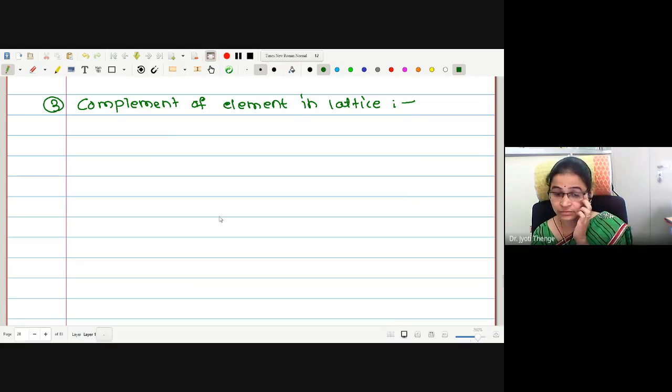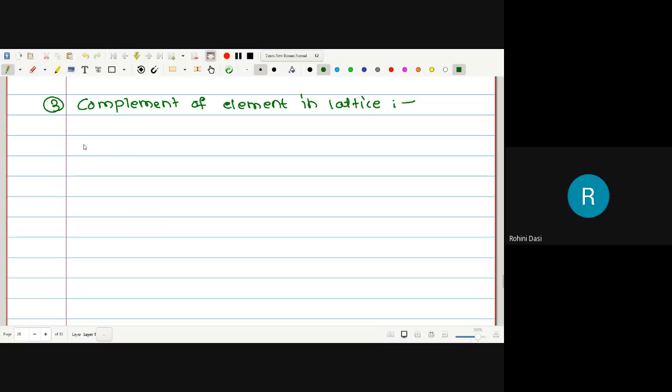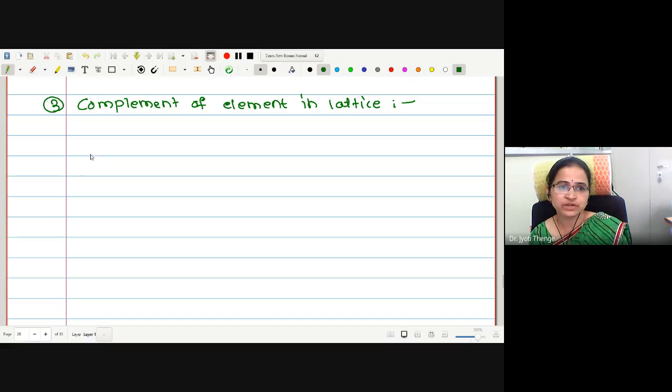In power set relation, we have studied the complement of a set. What is the complement of a set A in the universal set U? This is U minus A.